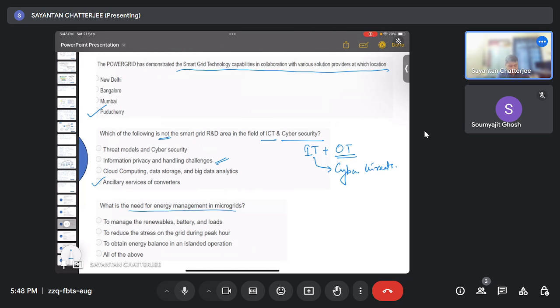Any idea? Need for energy management in microgrids: manage renewables, batteries and loads, reduce the stress on the grid during peak hour, obtain energy balance in an island operation, and all of the above.